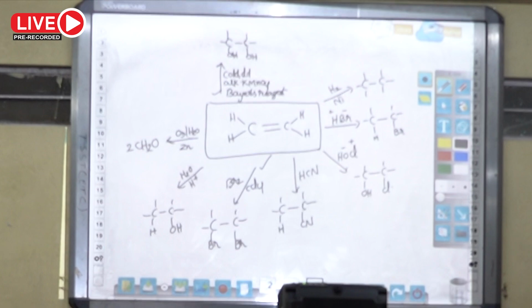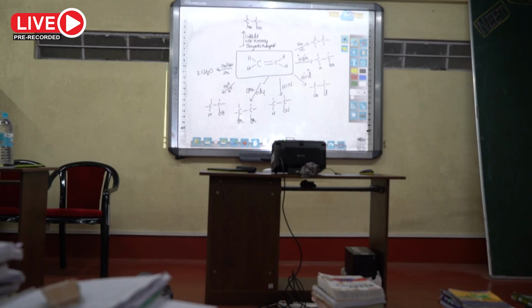Addition of bromine or Bayer's reagent giving colorless addition products is an example of test for unsaturation.